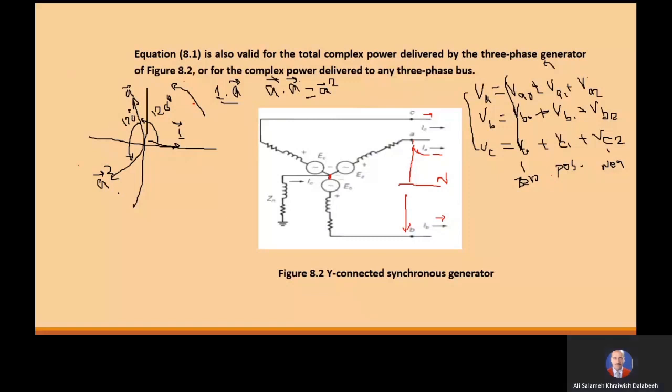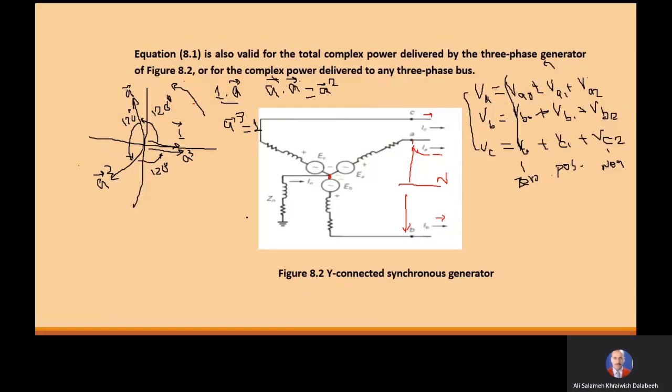Okay? If we multiply A squared by A, A squared also rotates anti-clockwise by 120 degrees. This is A to the power 3. As you see, A to the power 3 is equal to 1.